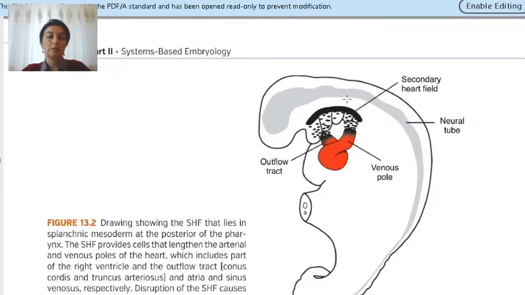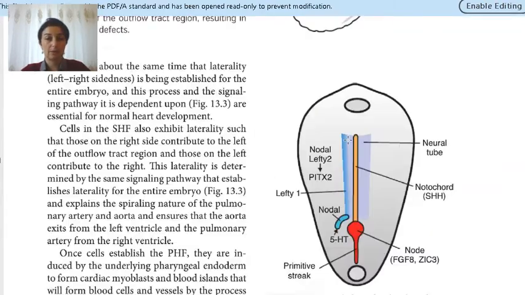For example, the cells of the right side of the secondary heart field will migrate to the left outflow tract, and from the left side they migrate to the right outflow tract. So the laterality will be correctly established.